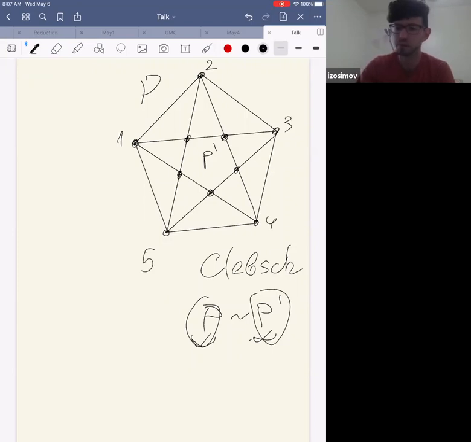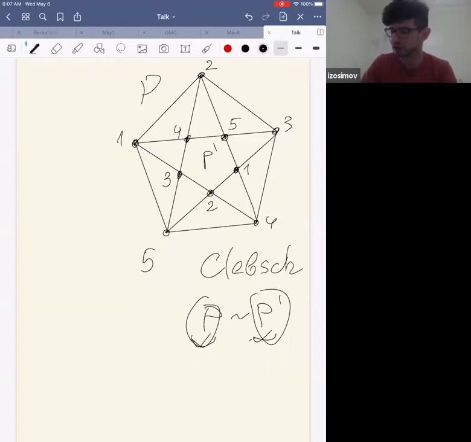Then the vertices of P prime should be labeled in the following way: the vertex 1 of P prime should be directly opposite to the first vertex of P. So this is going to be 1, this is 2, this is 3, this is 4, this is 5. Notice that this is the only way to label P prime in a symmetric fashion. Any other labeling would break the left-right symmetry, but this labeling is the most natural one.